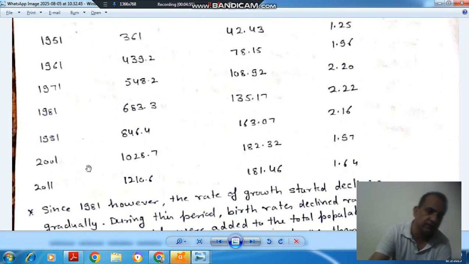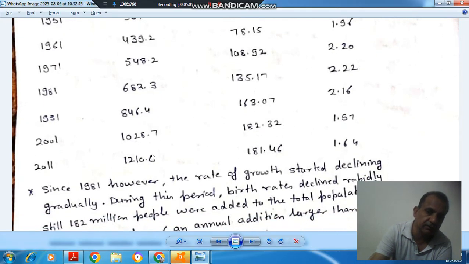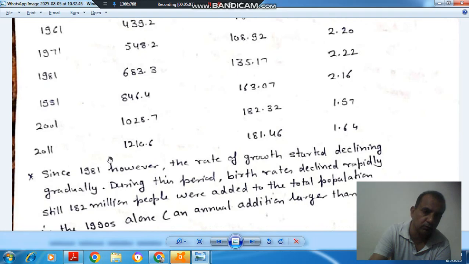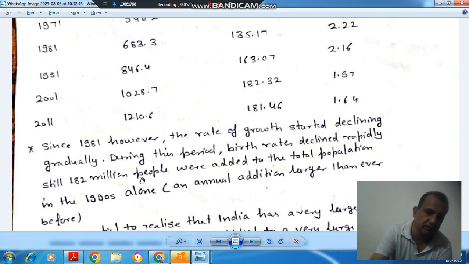In 2001 the total population was 1028.7, absolute increase was 182.32 and percentage increase was 1.97. In 2011, the total population was 1210.6, the total increase in the decade was 181.46, and the percentage increase in population is 1.64.